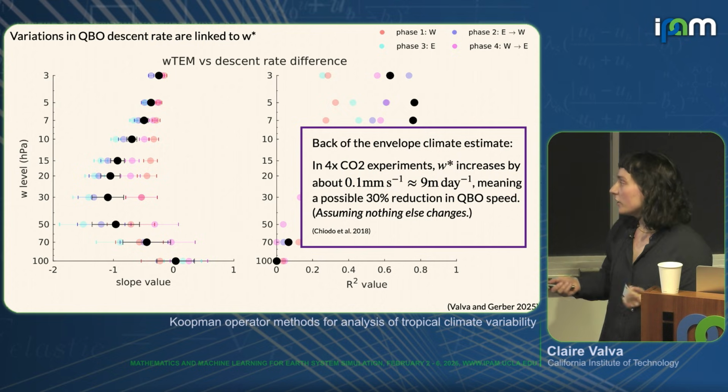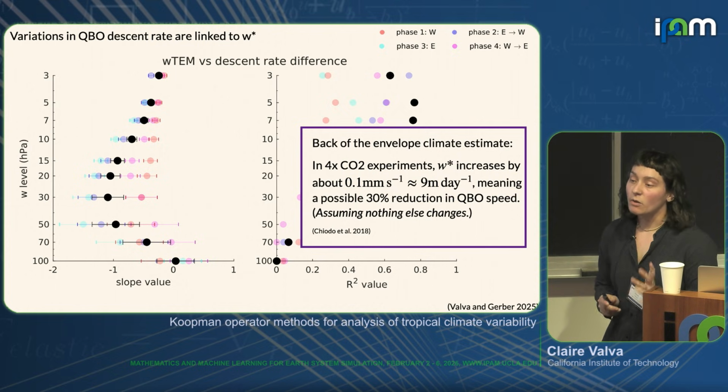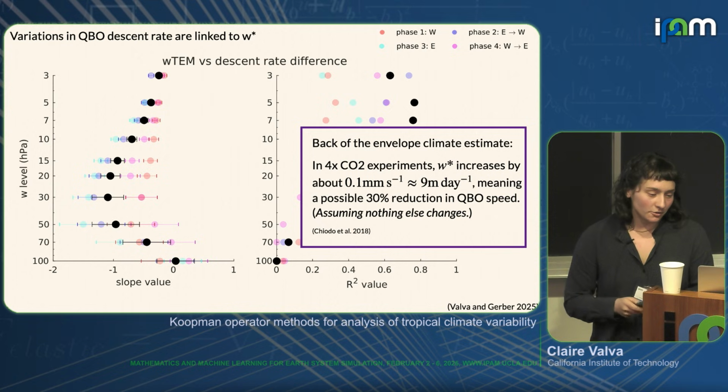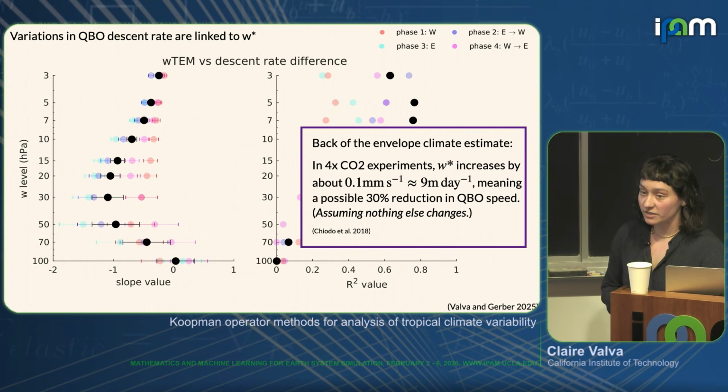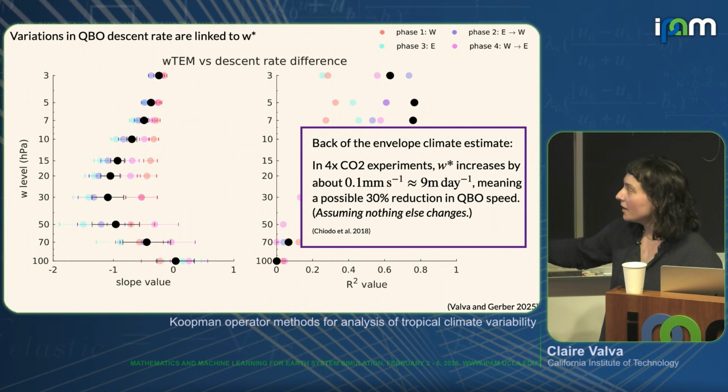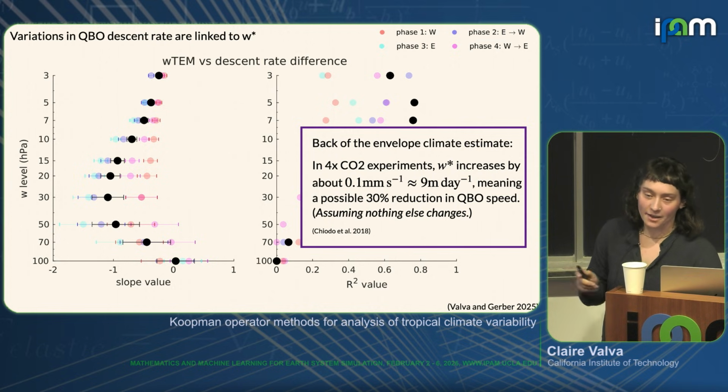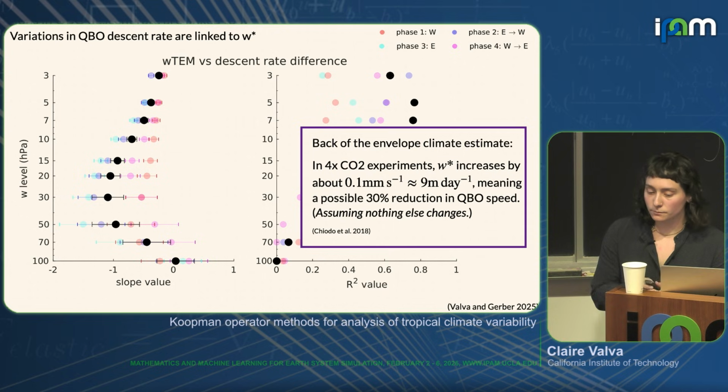But this is an increased period to about 40 months from the original 28. So it does indicate that these large changes in the QBO period from the GCMs aren't necessarily crazy, although it doesn't really give much evidence beyond that for one thing or another.